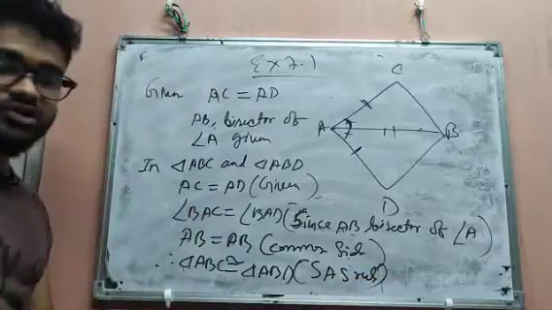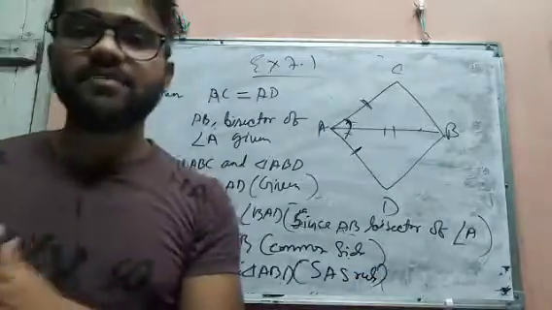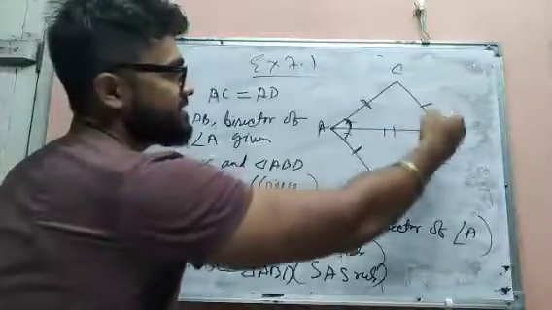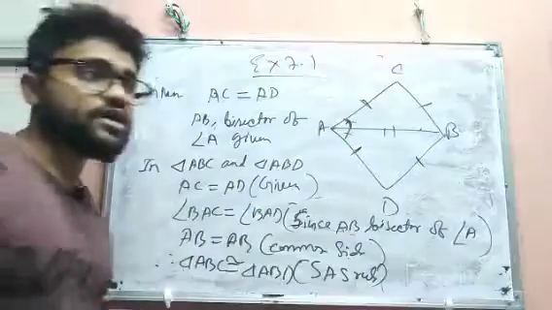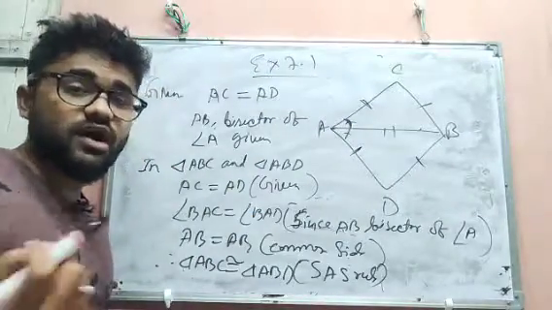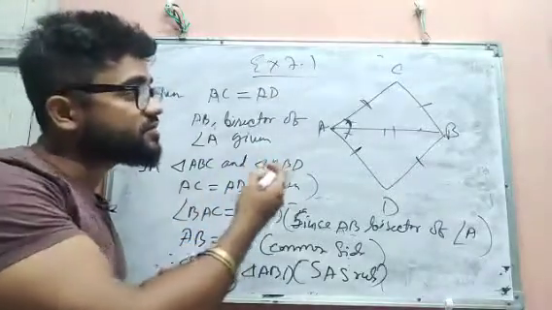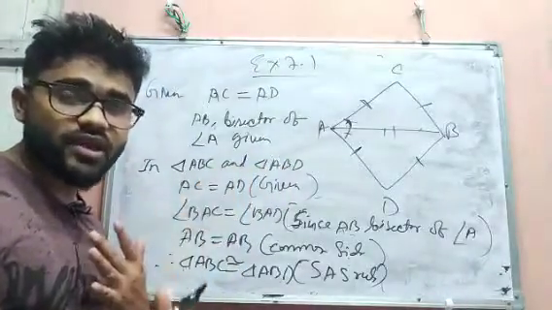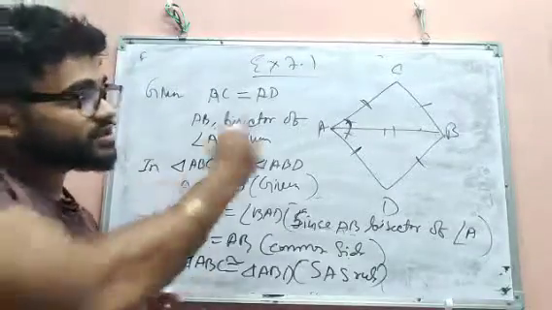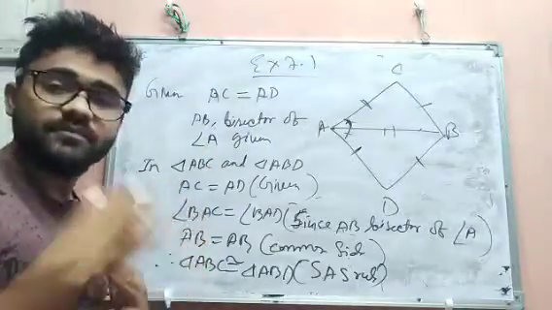Also we are asked, what about BC and BD? Now see, BC and BD are parts of those congruent triangles. When two triangles are congruent, the parts of those triangles always become equal.